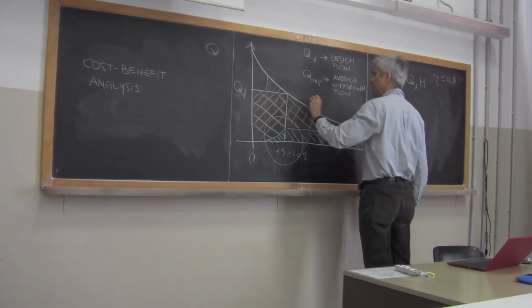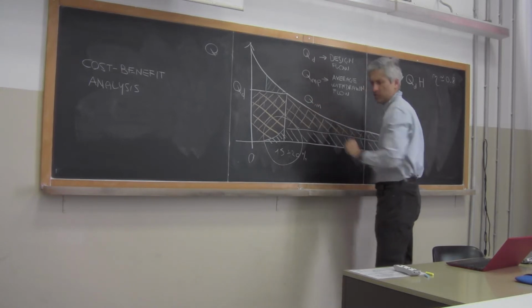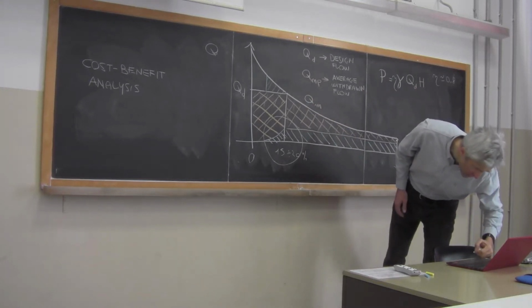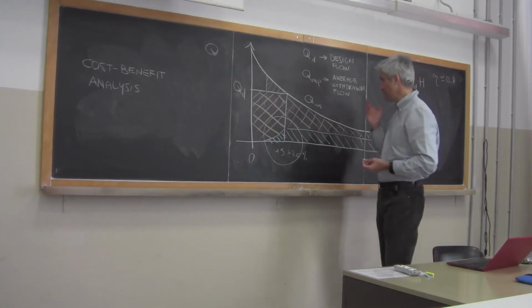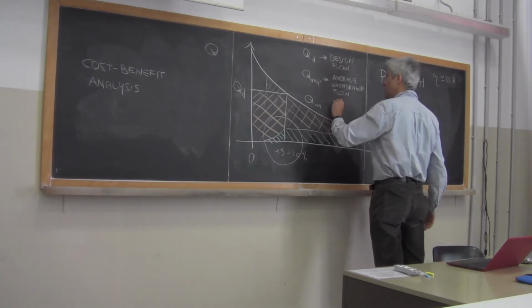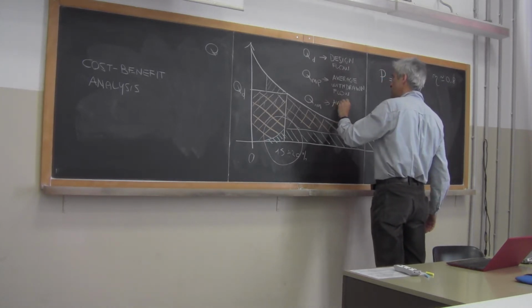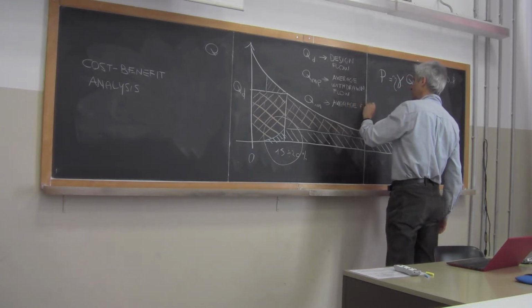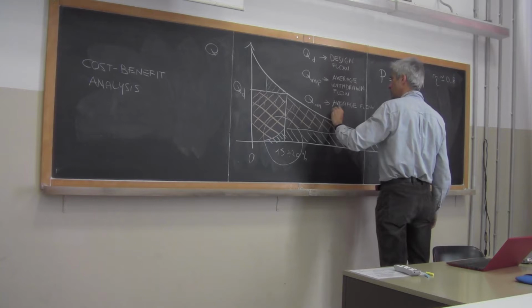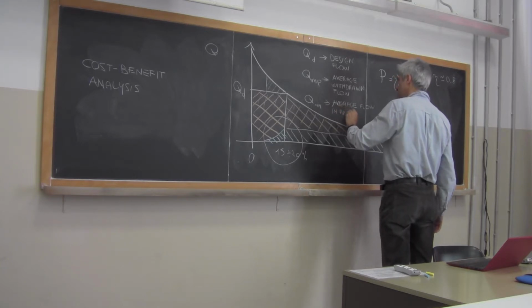And then let me indicate with QM. Let me see if it's indeed QM. Yeah, QM. QM is the average flow in pristine conditions. Pristine means natural condition. Average flow in pristine conditions.